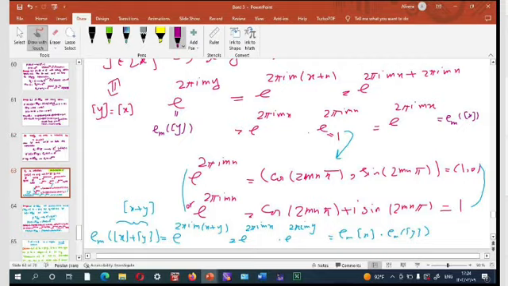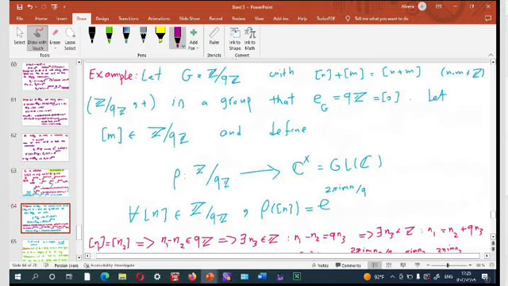This is the proof that e_m is a homomorphism: e_m of x multiplied by e_m of y. Okay, and also we have this example.